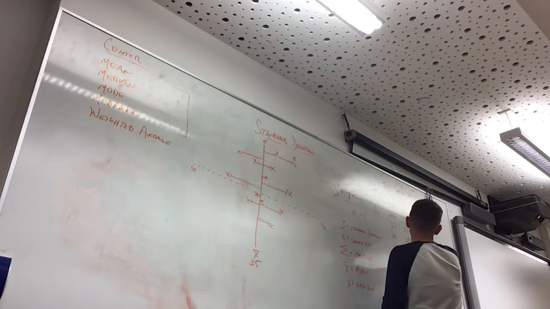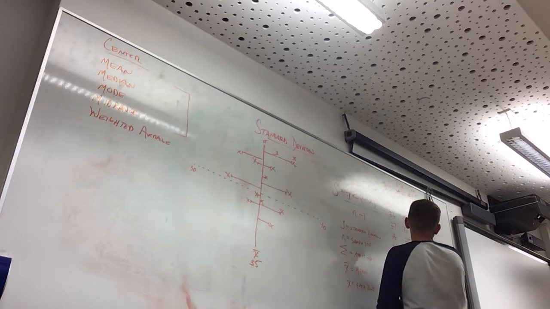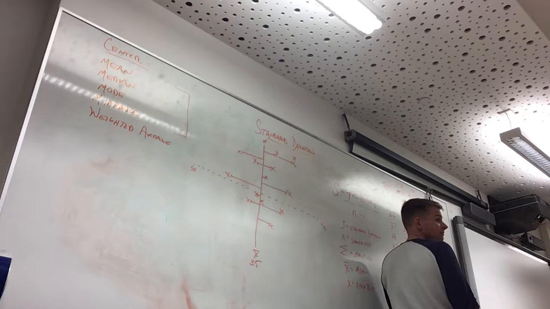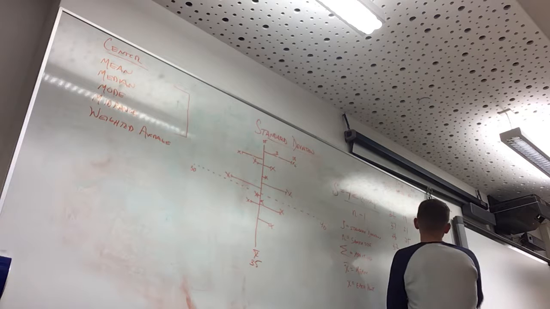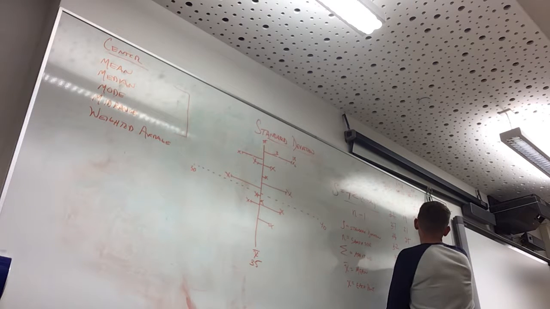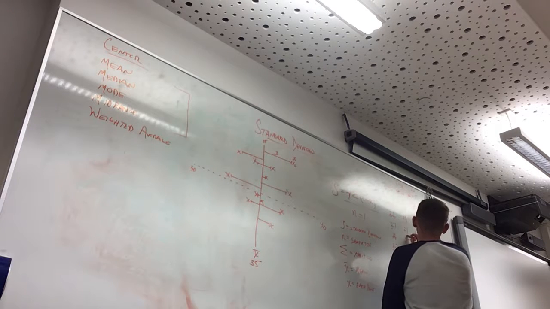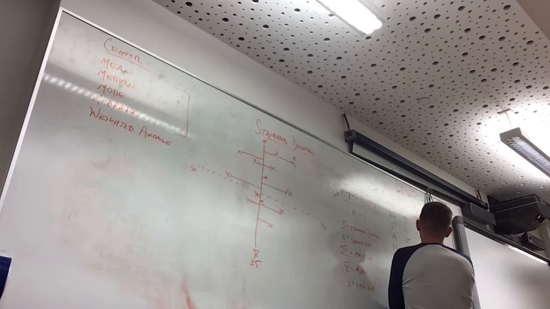Next one is 19 minus 28, and all you do is go all the way down. So this would be negative 9. Next one is 21 minus 28, which is negative 7. Next one is negative 3.